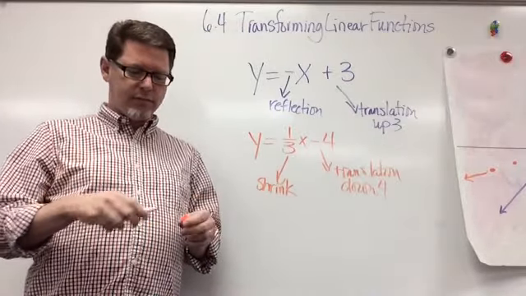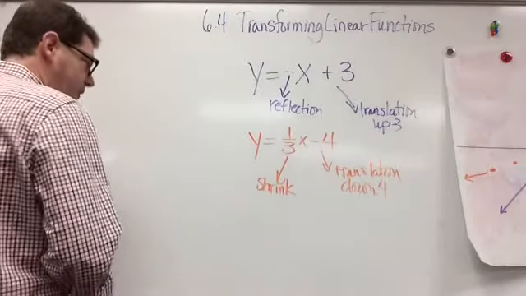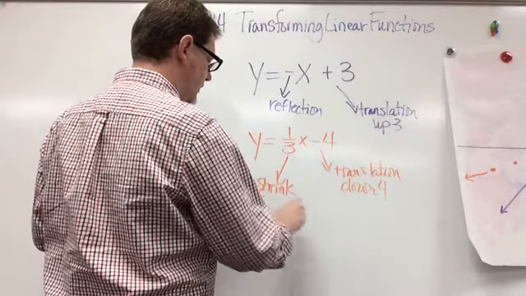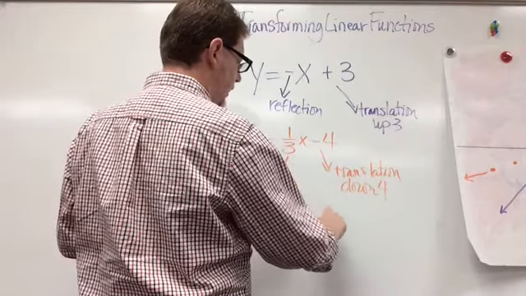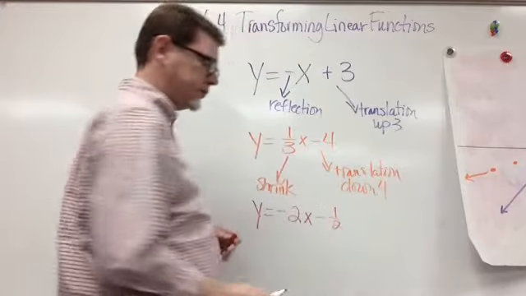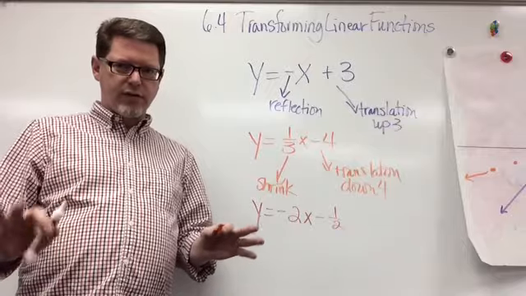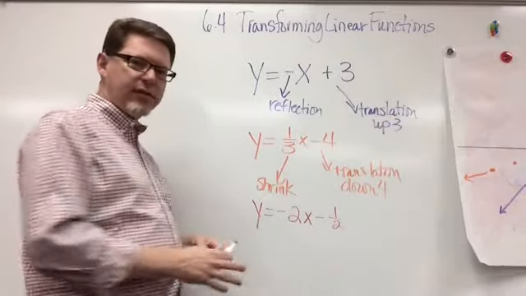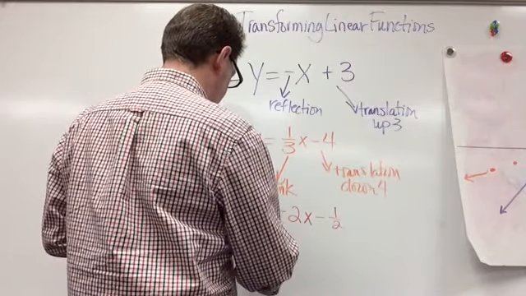You catching on? Let's try another one. How about y equals negative 2x minus 1/2. This one is meant to confuse you just a bit, but let's look at everything. I've got a negative slope, so the negative tells me it's a reflection.